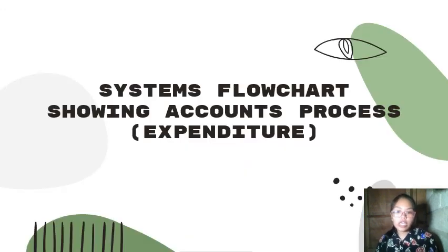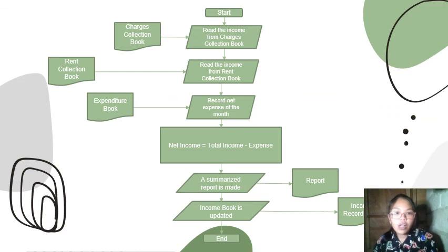Next is the expenditure accounts process. There are a lot of expenses in the hospital, so to visualize how it flows, it starts from reading the income from the charges collection book, the rent collection book, and the expenditure book recording the expenses.